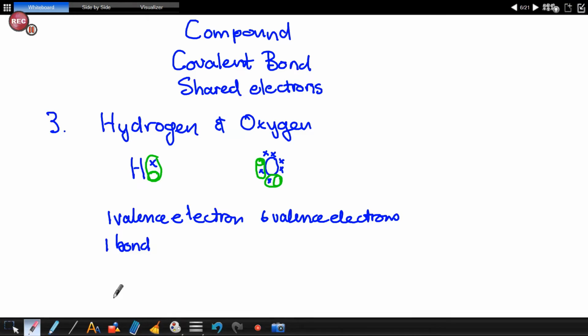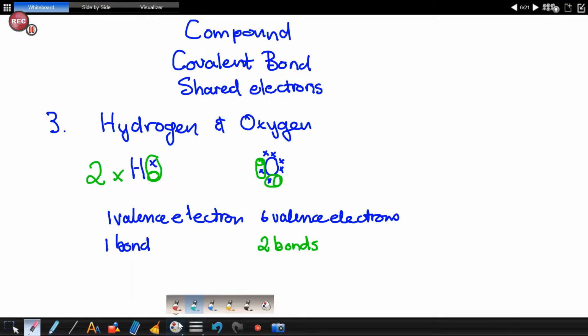It comes from the idea that if you have 2 electrons in an orbital, they can't share. But if you have 1 electron in an orbital, they can be sharing to fill that orbital. So how many bonds can form? 2 bonds. How many hydrogens would I need to make 2 bonds with oxygen? I need 2 hydrogens.